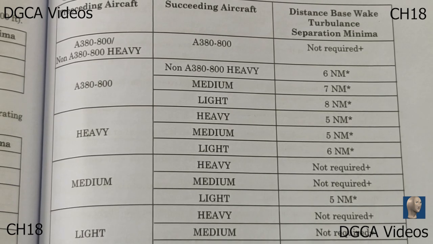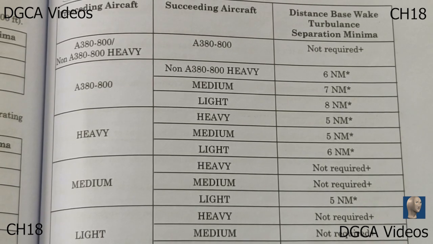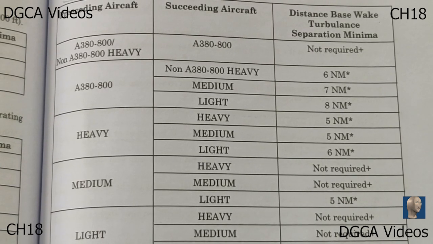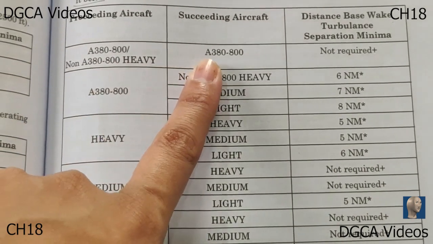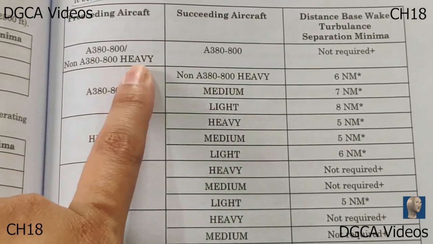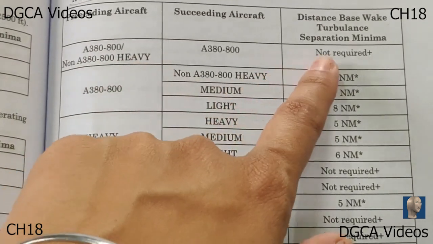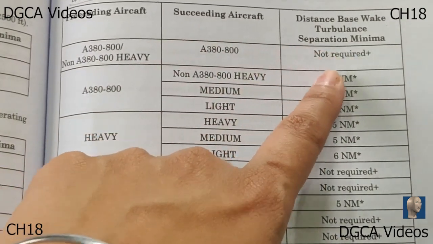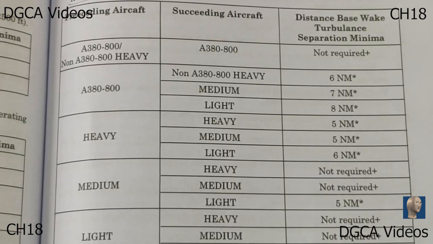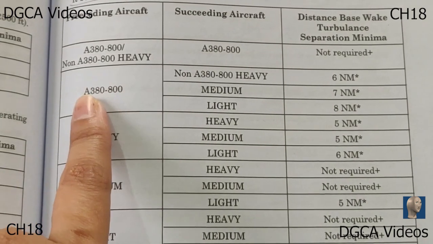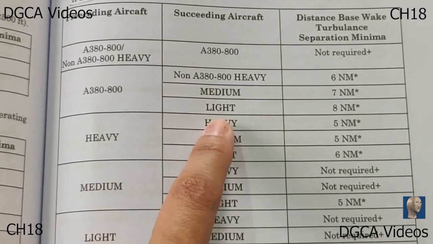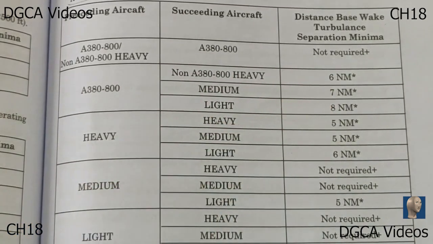This is the distance based separation. So as you can see, in case super heavy and super heavy aircraft are there, and sometimes in heavy also, then distance based separation is not required. But in case they are different, right? So if it is super heavy here and medium, light, heavy in this, then 6 nautical miles, 7 nautical miles.